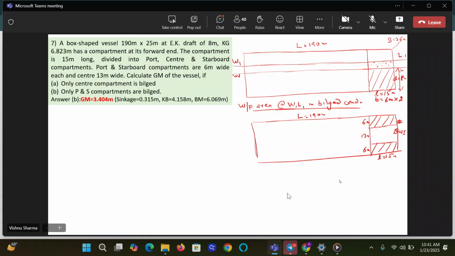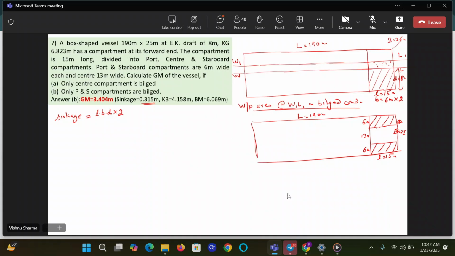Can you please calculate sinkage now and confirm it's 0.315? Yes, sir. Very good. I'll write it in the notational form just for the sake of good order, otherwise it's not required. One particular compartment, any one side, it will be L E into lost buoyancy is l b d into 2.